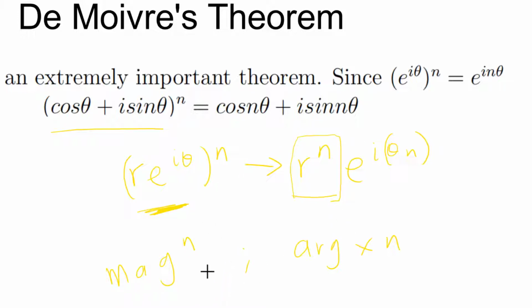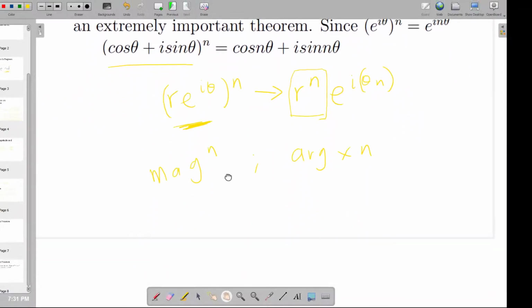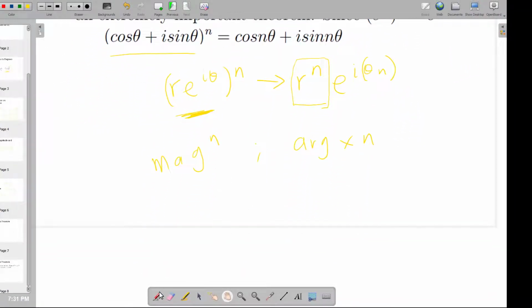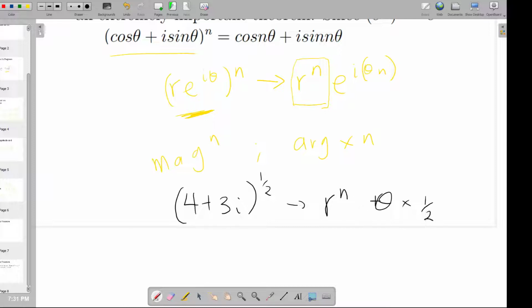So let's get into it. Again, we take our beloved complex number 4 plus 3i. If we are to raise this to the power half, or to find the square root of this complex number, we are going to simply take the magnitude to the power n and multiply the argument by n. In this case, our n is half.